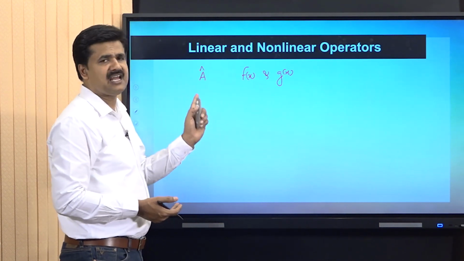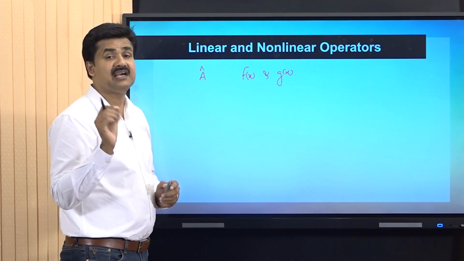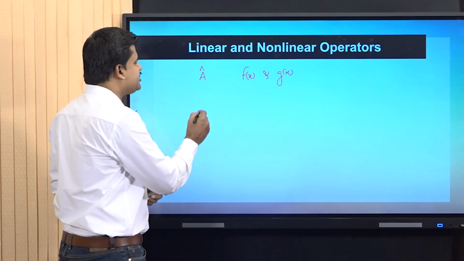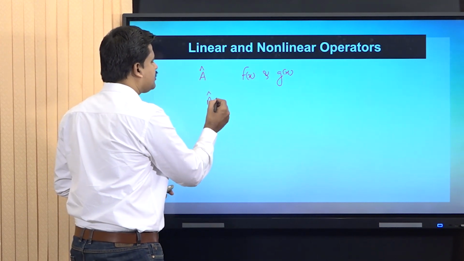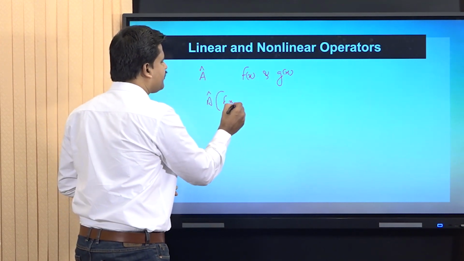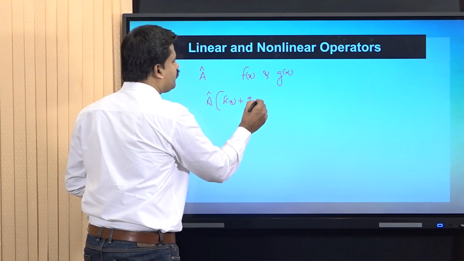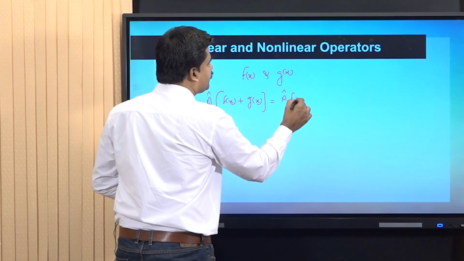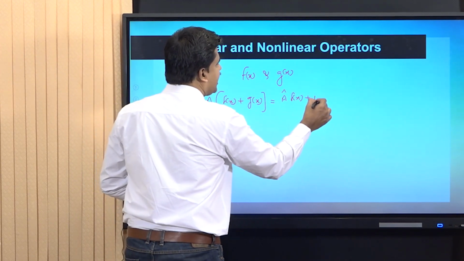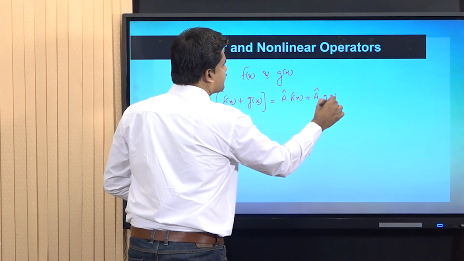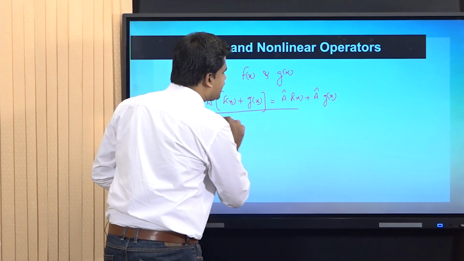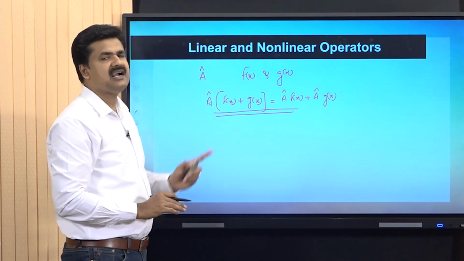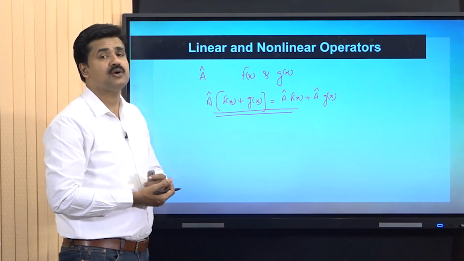A hat can be considered as a linear operator if it satisfies a condition. The condition is A hat of f of x plus g of x equal to A hat f of x plus A hat g of x. If this mathematical condition is satisfied, we can call A hat a linear operator.